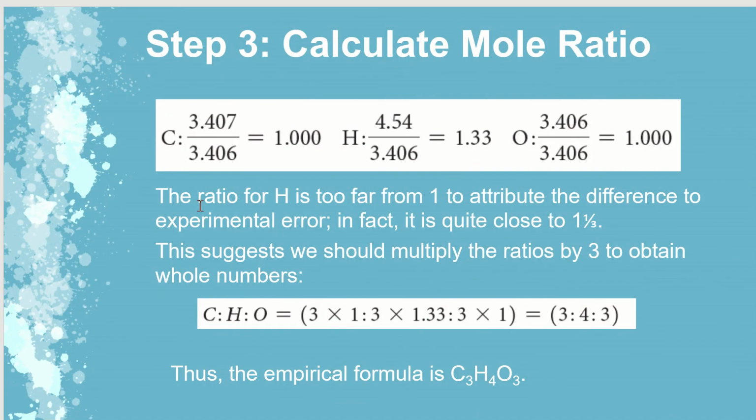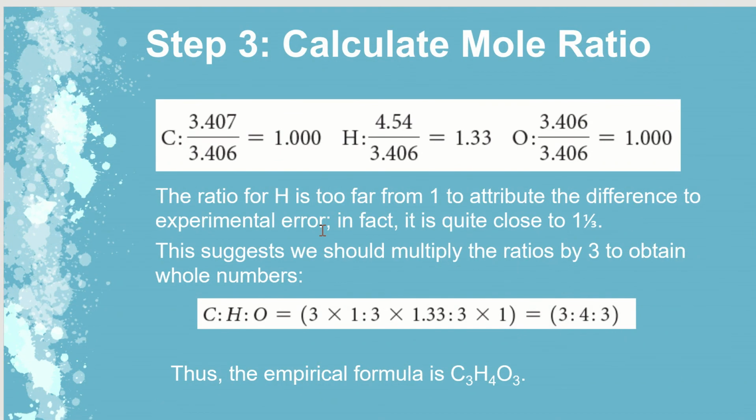Notice our significant figures: the answer has 4 significant figures, but the lowest number of significant figures here is 3. So the ratio for hydrogen is too far from 1 to attribute to the difference in experimental error.